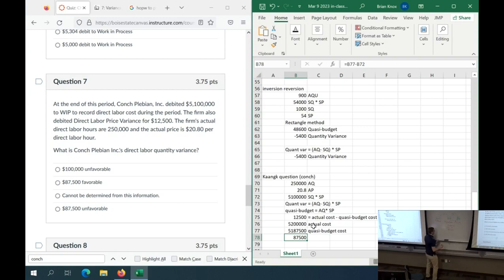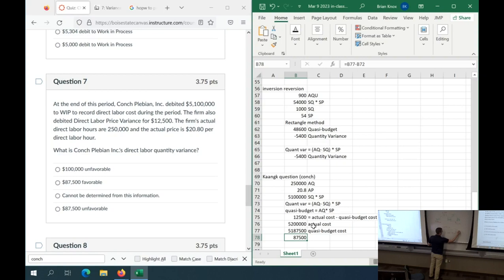The other thing we could do is start from here. We know our overall variance between standard cost and actual cost is 100,000, meaning we have a debit of 5.1 million to WIP. We should have a credit to wages payable or wages expense, 5.2 million. So we know we have to bridge.